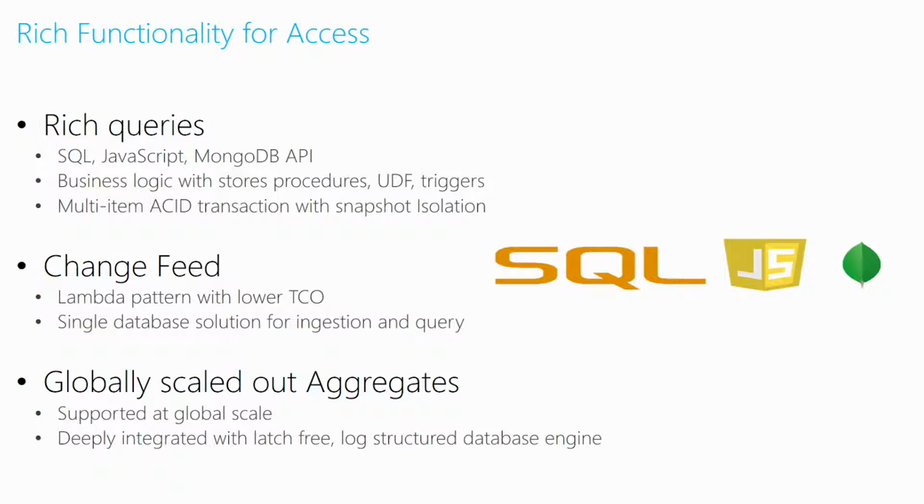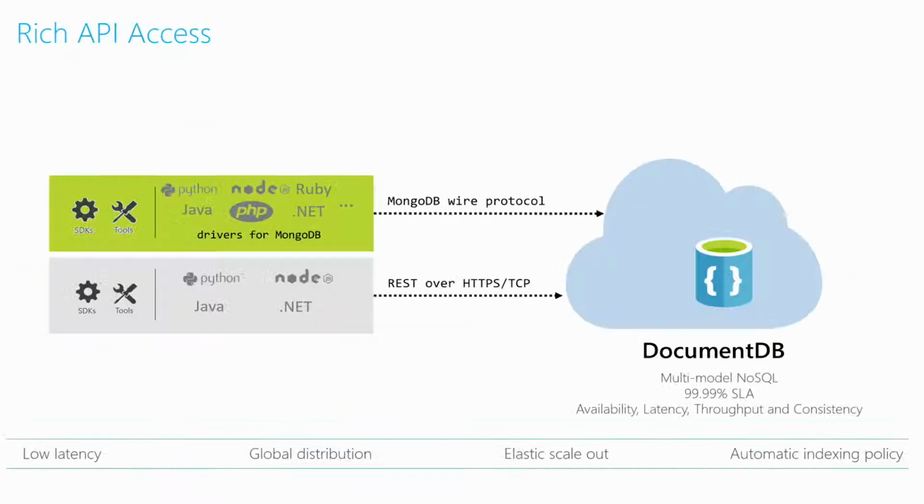With features like change feed, you can easily implement Lambda pattern with the lowest TCO that you can ever find. With change feed and Lambda pattern, you can use a single database for both ingestion and query of the data. DocumentDB also has native support for globally scaled aggregates. These aggregates are supported at global scale, as well as deeply integrated into the latch-free and log-structured database engine that we talked about earlier.